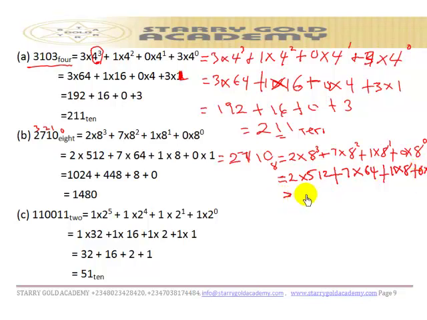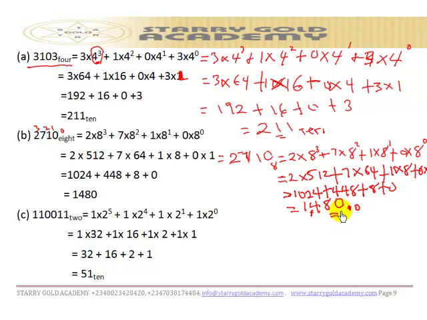So you have 2 times 512, that's 1024, plus 448, plus 8, plus 0. So at the end of the summation, you're going to have 1480 base 10.